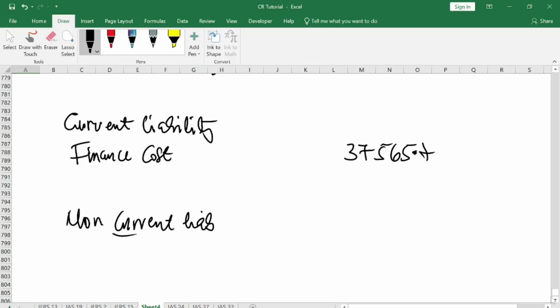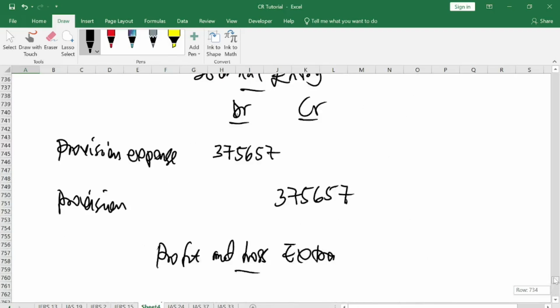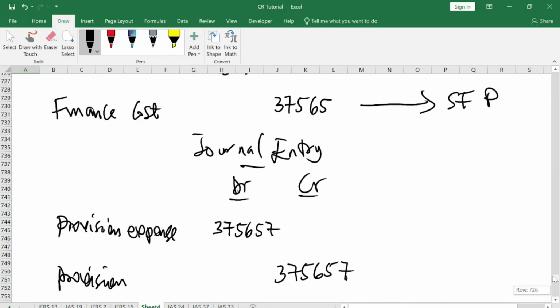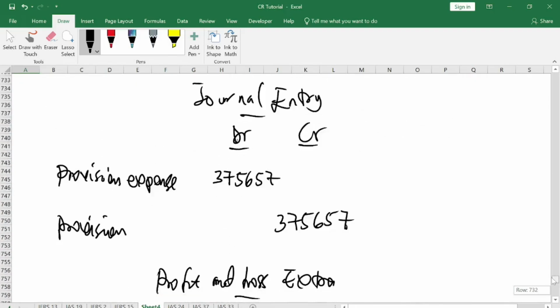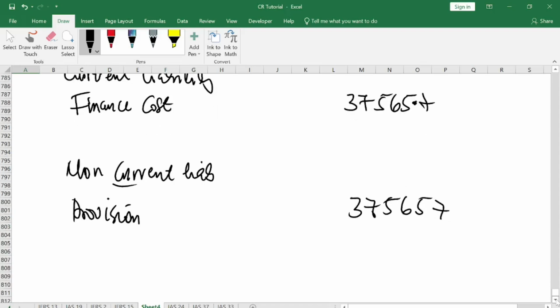That one too, you have the provision, which is 37557. Alright, so preparing the extracts, as you can see now, is the same as the journal entry that we've prepared. Okay, so this is if the requirement is that you should prepare for only one accounting year.